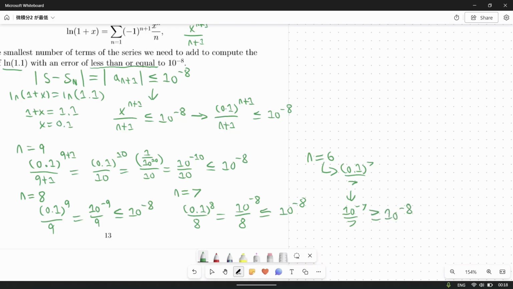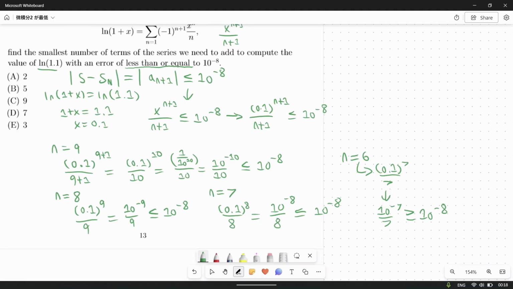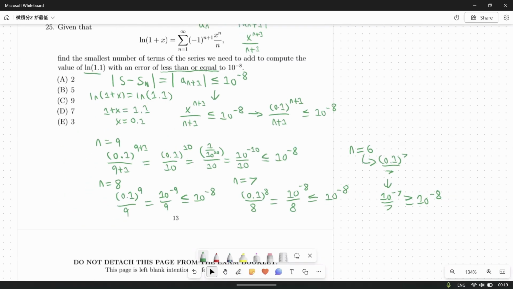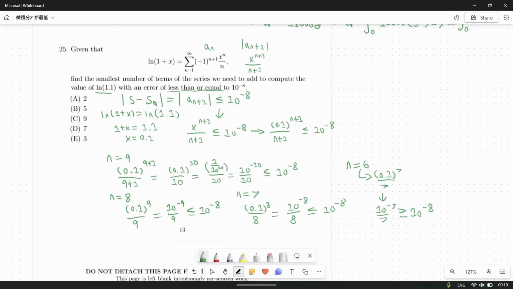So I've just proven that 6 terms is not going to be enough terms to come up with an accurate enough approximation, which would mean that n equals 7, so 7 terms, would be the lowest number of terms that we'd need to add together to end up with an approximation that's accurate enough for this question. And so n is equal to 7 would be enough to satisfy this inequality. The answer to this question, matching that up with our answer choices, would be D.